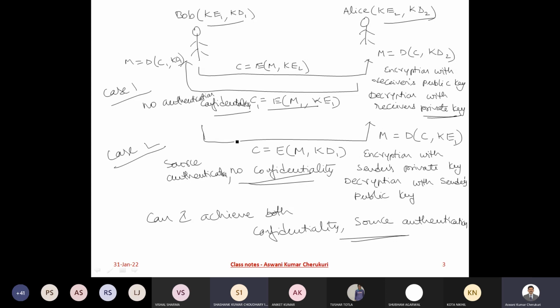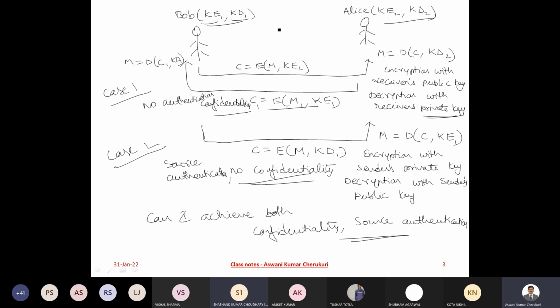Before I proceed to that, let us understand first that both case 1 and case 2 are based upon a pair of keys, an encryption key and a decryption key, for every node. So when we are going for asymmetric key encryption techniques or public key encryption techniques, there are certain requirements.